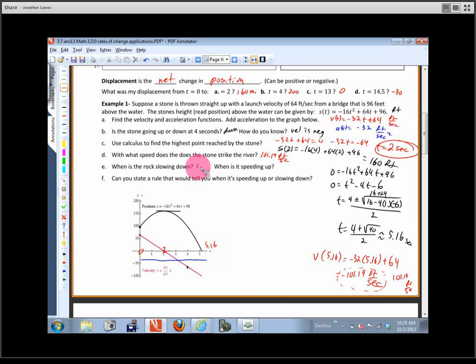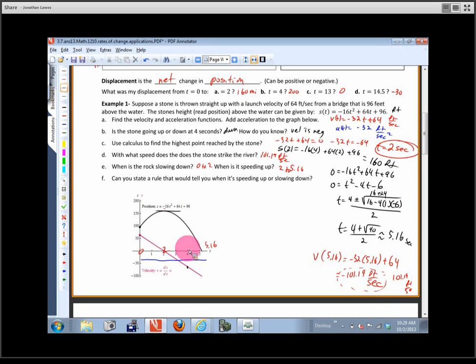Slowing down, 0 to 2, speeding up, 2 to 5.16. Of course, those are in seconds. So could we figure out a rule that will tell us when it's speeding up and when it's slowing down? Slowing down here, because gravity's pulling it down. Speeding up here, because it's heading down and gravity's pulling it down.